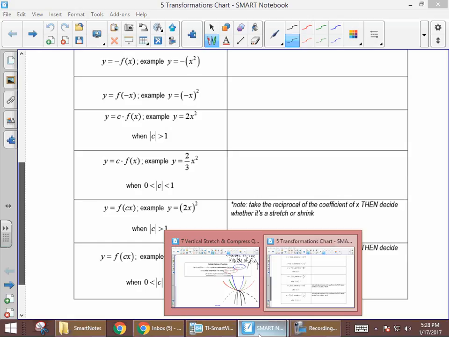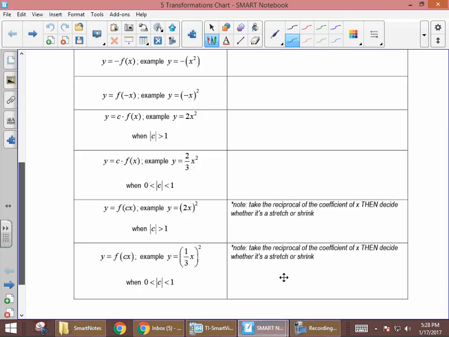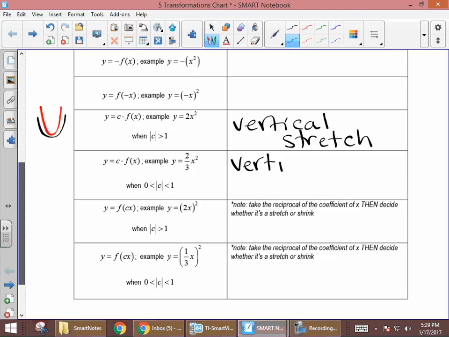And to use the same words, it said it represents a vertical stretch. So we have a vertical stretch. It makes it more narrow. If this is our parabola, it will make it more narrow. If c is a number between 0 and 1, we call it a vertical compression. It's almost like somebody grabs the ends and smushes it down closer to the x-axis. It is a vertical compression.